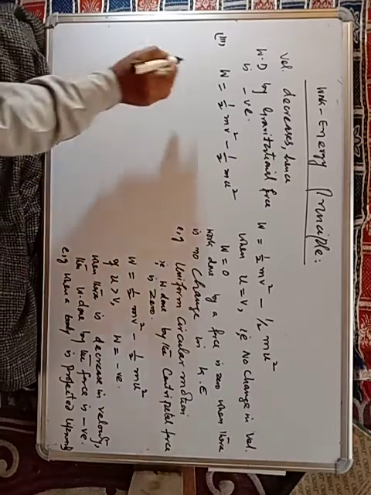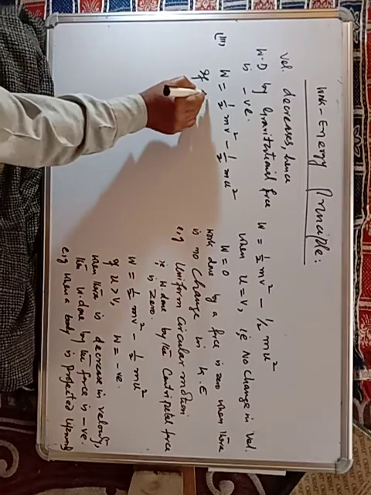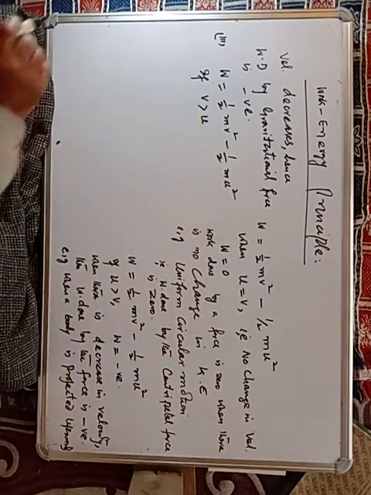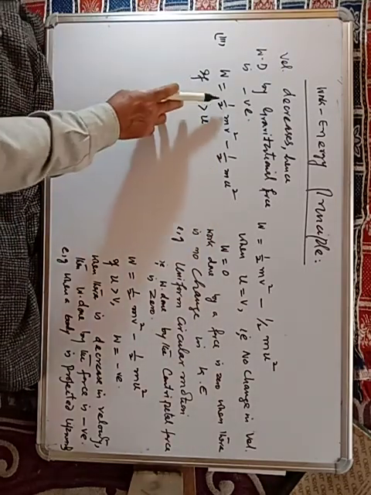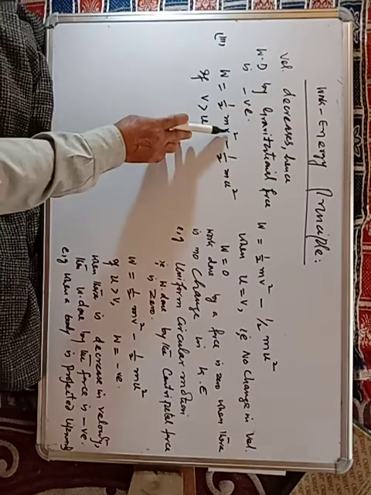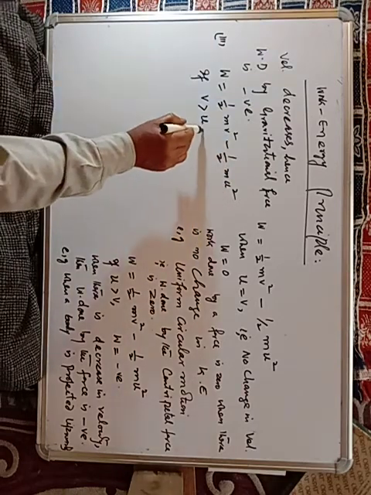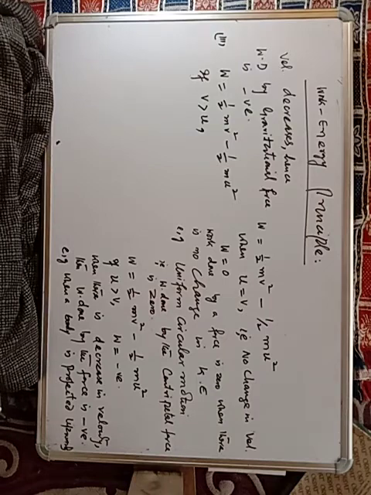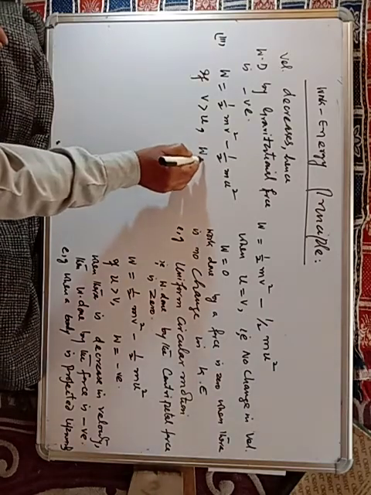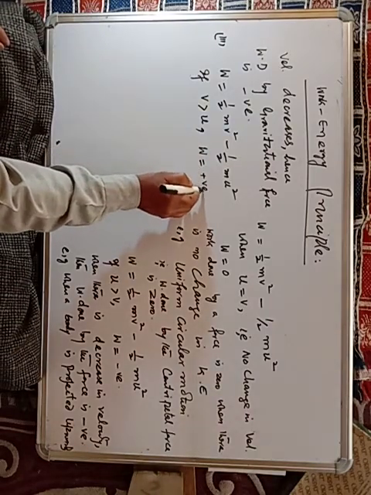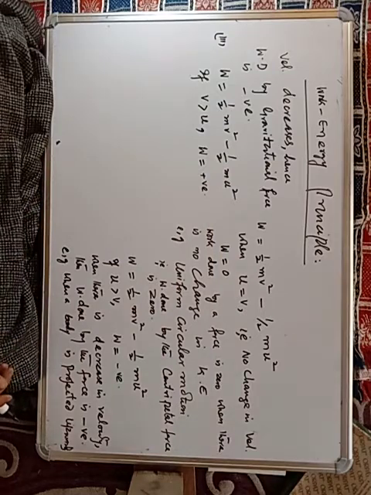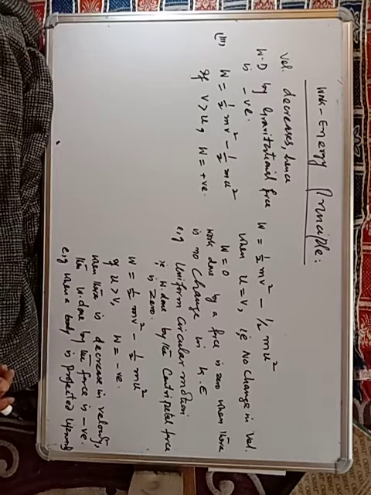Now if v is greater than u, in the expression 1/2 m, v is greater than u, that means we will get here W is equal to positive or negative? Positive. So this is positive work done. So when v is greater than u, that means the velocity of the body increases.